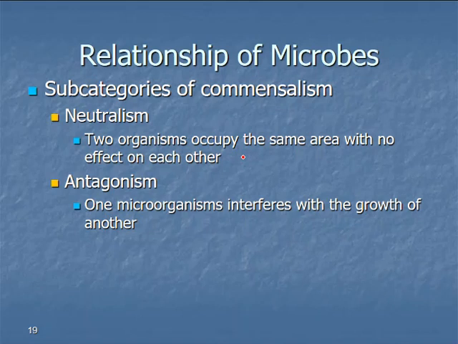So when I'm saying one benefiting, maybe the warmth of where it's located, the moisture level, but there's no major effect on one another. And antagonism is where they interfere. One interferes with the growth of another.